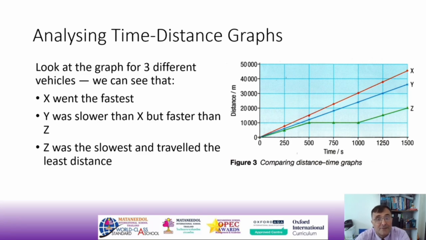It travelled the least distance and it also stopped for a little bit. We can say that because the line is flat, it's horizontal, there is zero gradient, and that was between 500 and 1,000 seconds.